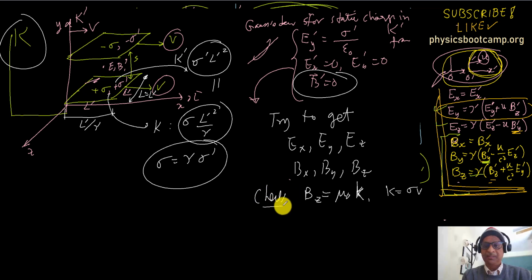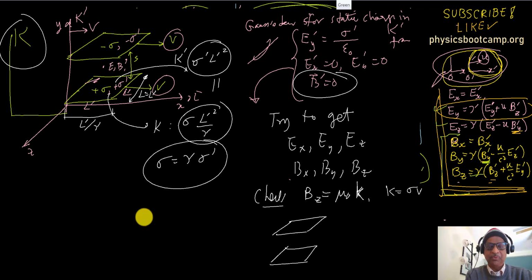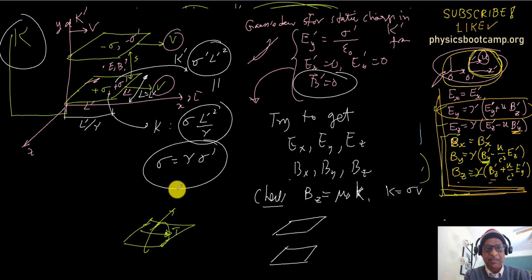If you probably have done this problem before, good. If not, here is a problem. Say I have a current going this way. Then if this current is going this way, you will have a magnetic field pointed that way.